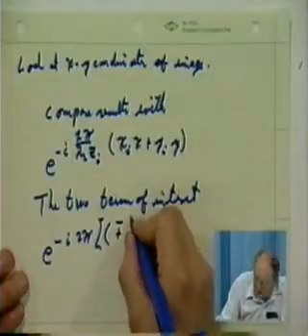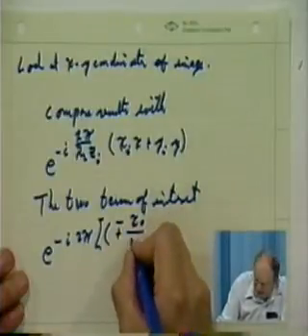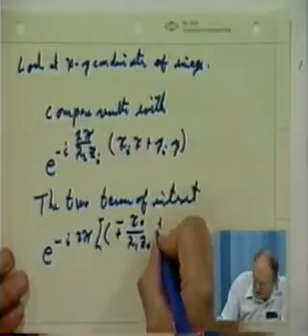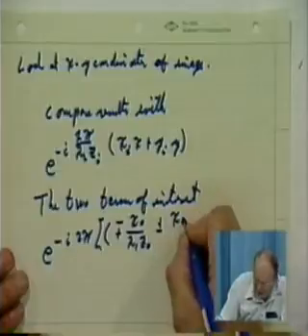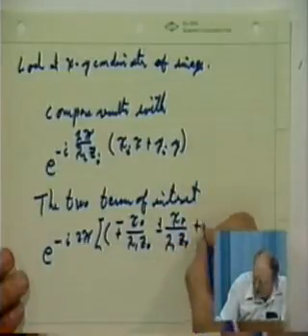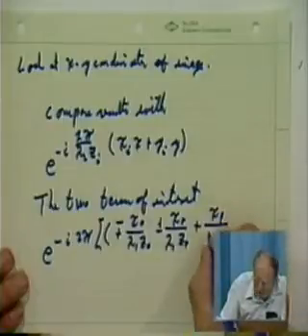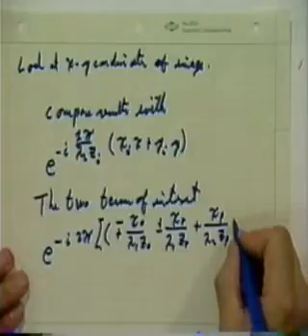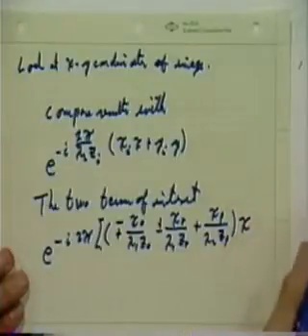Minus or plus x naught over lambda 1 z naught, plus or minus x sub r over lambda 1 z sub r, plus x sub p over lambda 2 z sub p, all this times x.